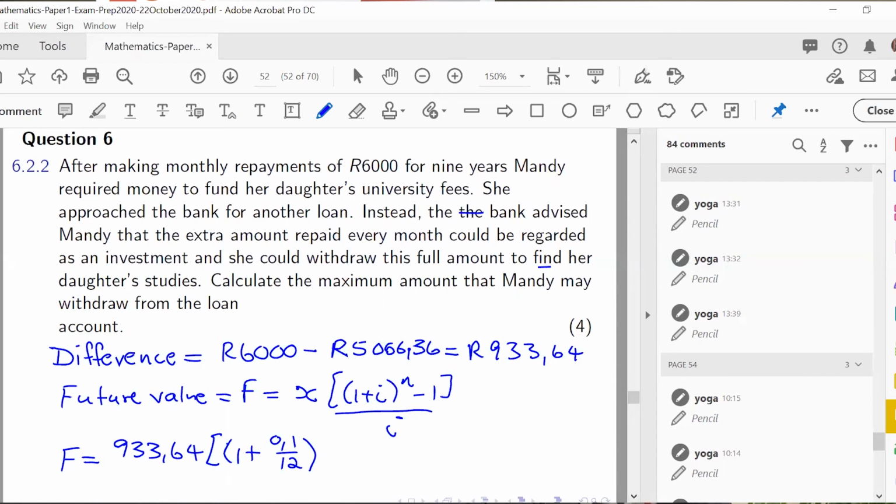So we put 9 multiplied by 12, minus 1, divided by 0.1 divided by 12.